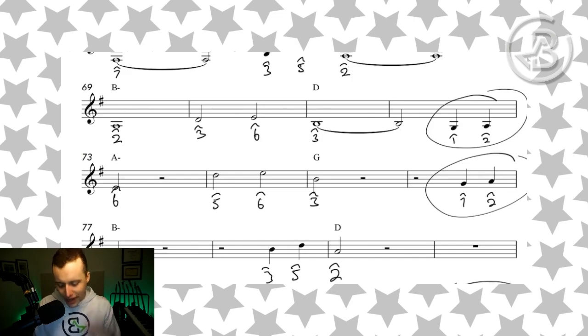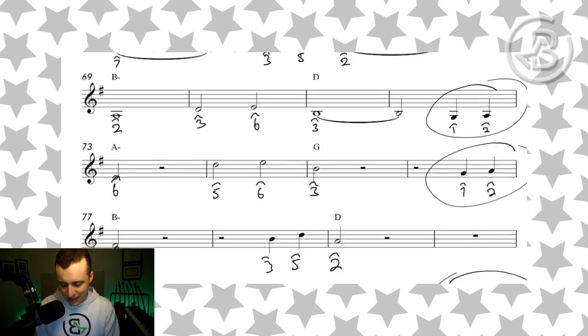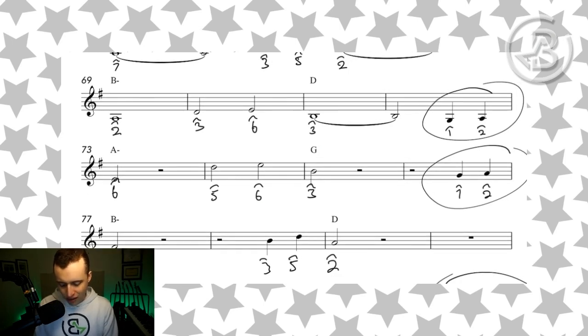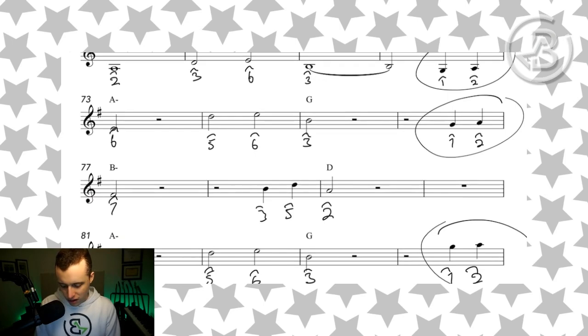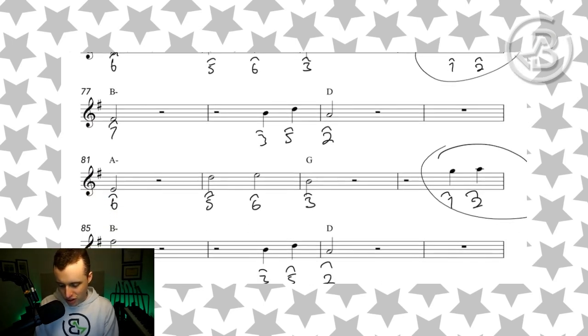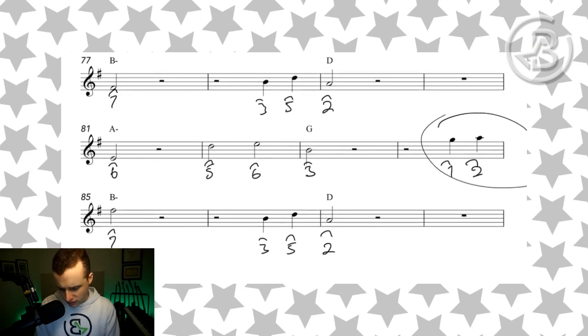And once we break that barrier, once we go past 5, sure enough, we have D5, E5, D5 again in measure 78. In measure 82, we have E5, and then we really start cooking up a storm in measure 84, where we have that G5 and the A5.